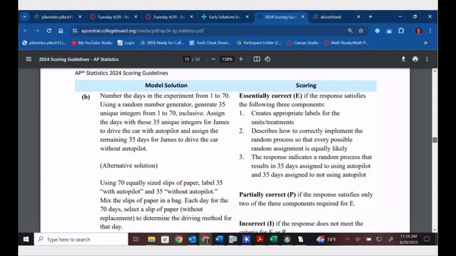The response indicates a random process that results in 35 days assigned to using autopilot and 35 days assigned to not using autopilot. So they literally have to say in their response that the 35 chosen numbers or the 35 whatever are going to use the autopilot feature, and then they have to mention the other 35 will not use the autopilot feature. If they do not assign both groups of 35 to a treatment, they do not get that 3rd component.